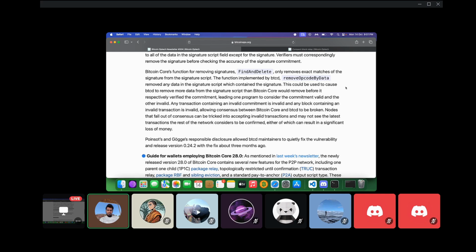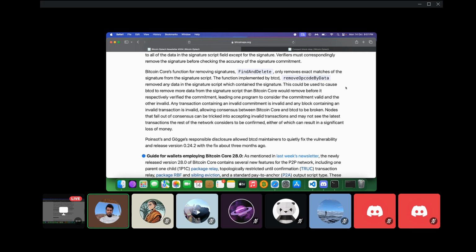All right. So this is what this vulnerability was. In Bitcoin, digital signatures are used to sign the transactions, but a signature cannot sign itself. So you remove the signature from the transaction and sign the transaction. And even while validating, you strip the signature and you validate. But the process of stripping that signature was different in Bitcoin Core and in BTCD.